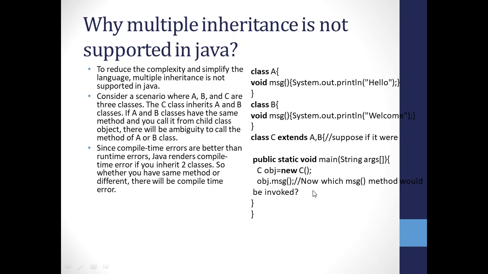If you inherit two classes, whether they have the same method or different methods, there will be a compile-time error, so the method won't be invoked. That's why we are not using multiple inheritance in Java classes, only in classes, but it can be supported in Java interfaces.